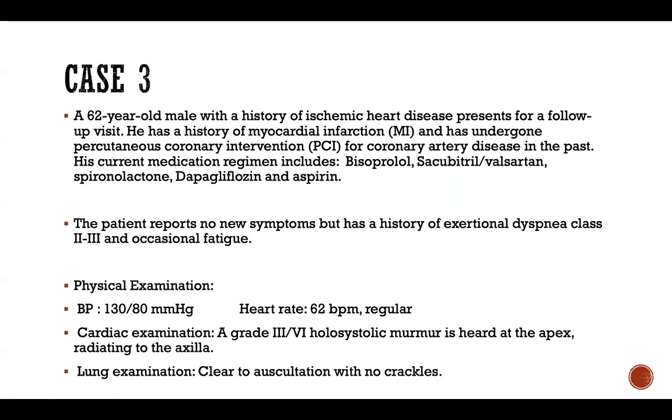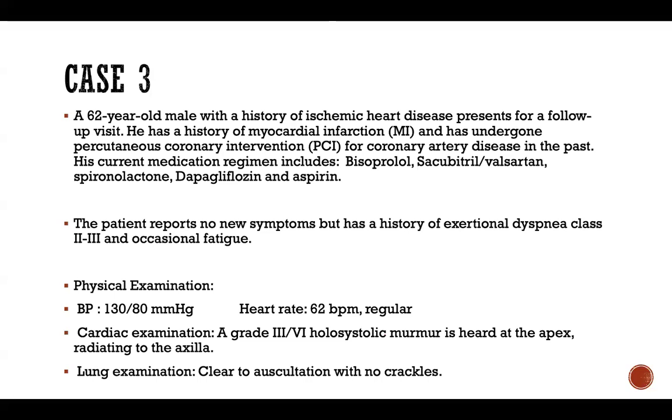Okay Talal, let's take the last case with you. This is the last case. 62 years old, male with history of ischemic heart disease, presented to the follow-up visit. He has history of myocardial infarction. He has gone percutaneous coronary intervention for coronary artery disease in the past. His current medications include bisoprolol, sacubitril-valsartan, spironolactone, dapagliflozin, and aspirin.